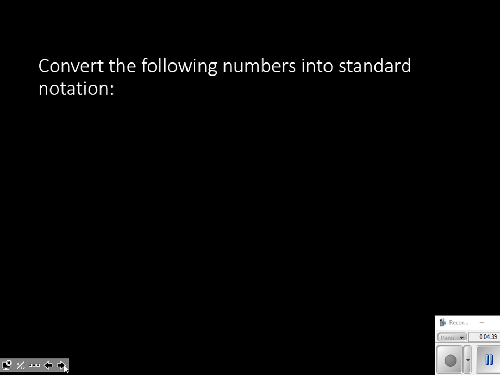Convert the following numbers into standard notation. Here I have a scientific notation: 2.30 times 10 to the 4th. Now, I can see, and you'll learn this today, that I have 1, 2, 3 significant digits in this one.